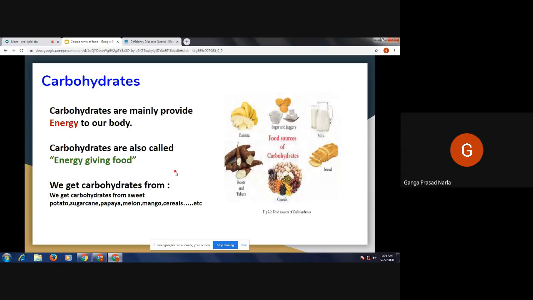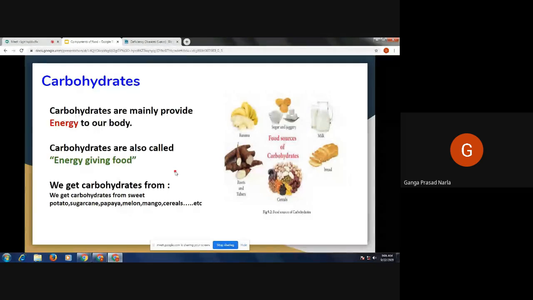Carbohydrates mainly provide energy to our body, right? Carbohydrates are also energy giving food. Children, if I ask any question, please respond in the chat box. If I mention a name and ask a question, that student has to respond, and the remaining students, please mention your answers in the chat box.